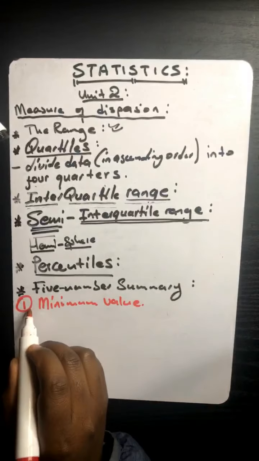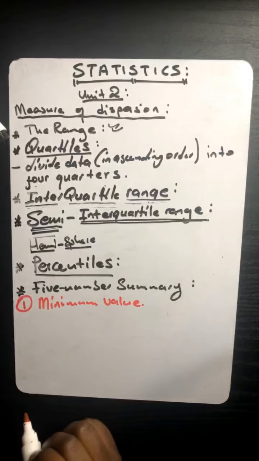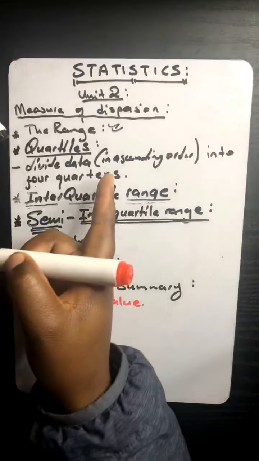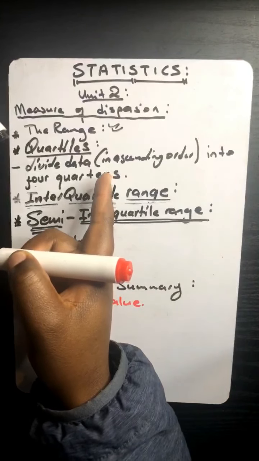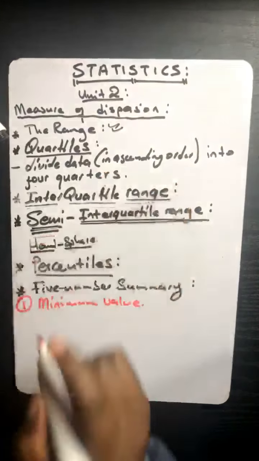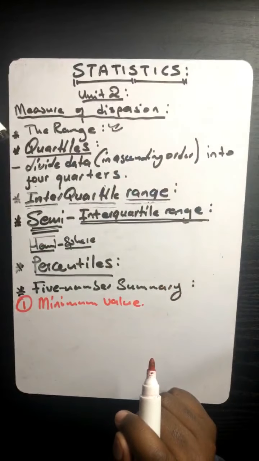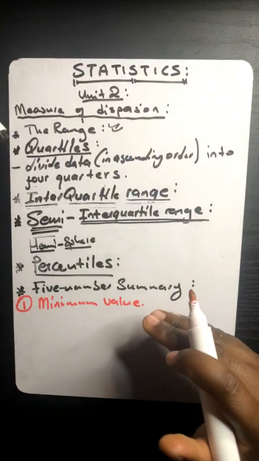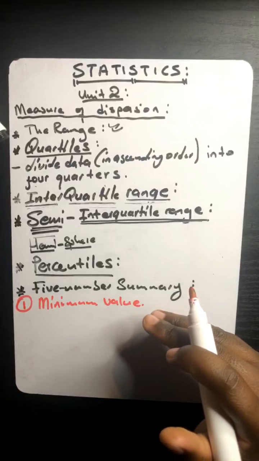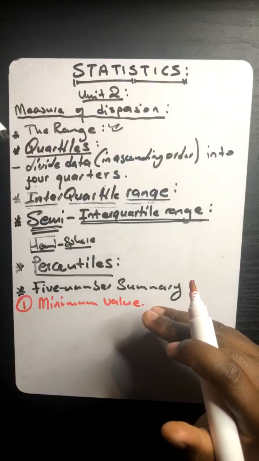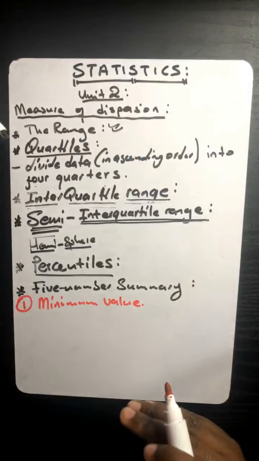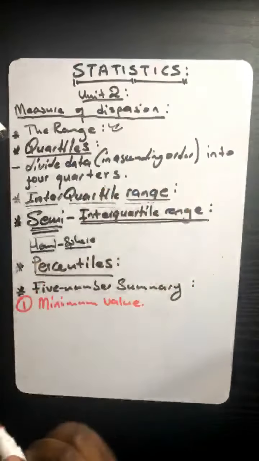So, number 1 is the minimum value. Remember, guys, we are dealing with data which is in ascending order. That means you can't calculate some of this information without having the data in ascending order.